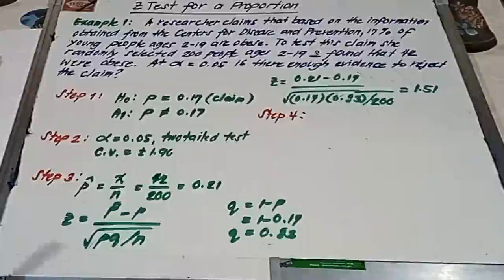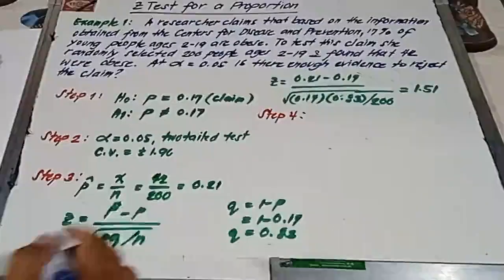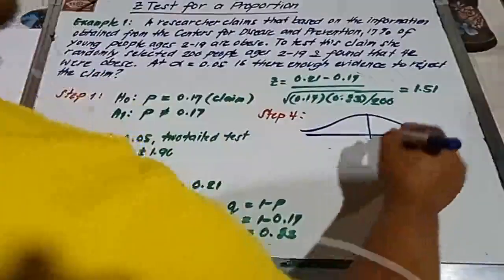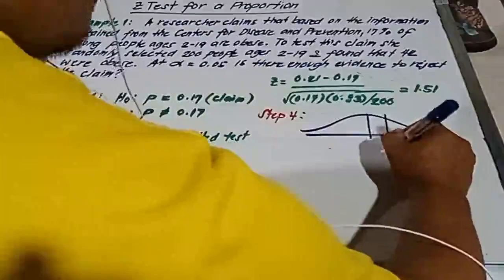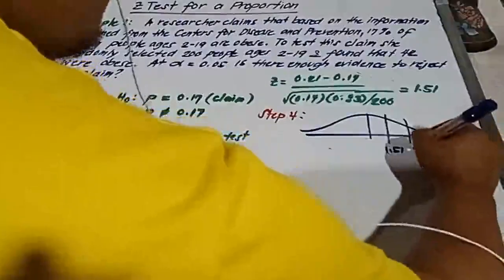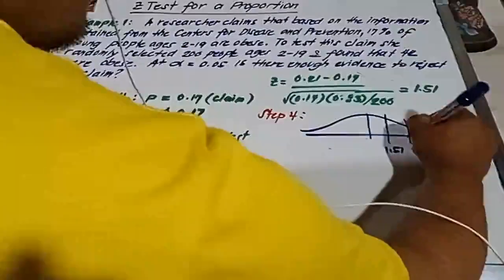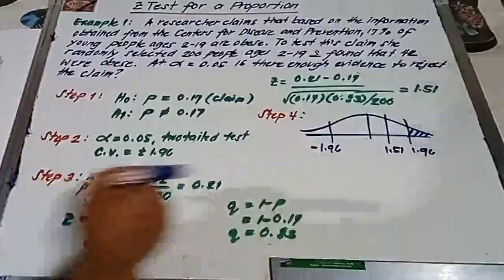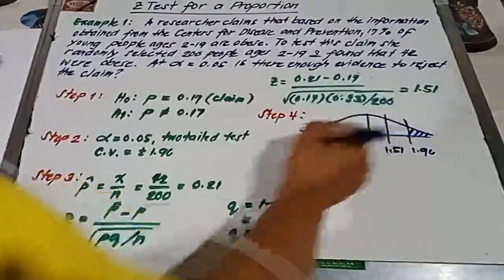What is our decision? Papansin natin, yung ating 1.51 is less than positive 1.96. So, ibig sabihin, nasa acceptance region yung ating value. So, ito yung 1.51, yung ating 1.96 na andito pa. Ito yung ating rejection region to the right, and this is our rejection region to the left of our normal curve.